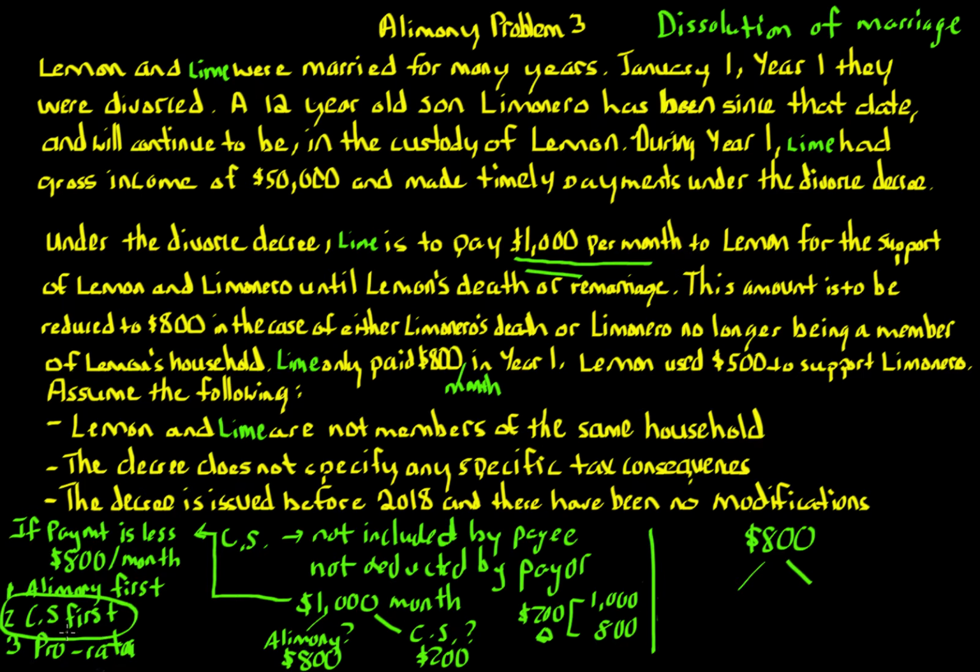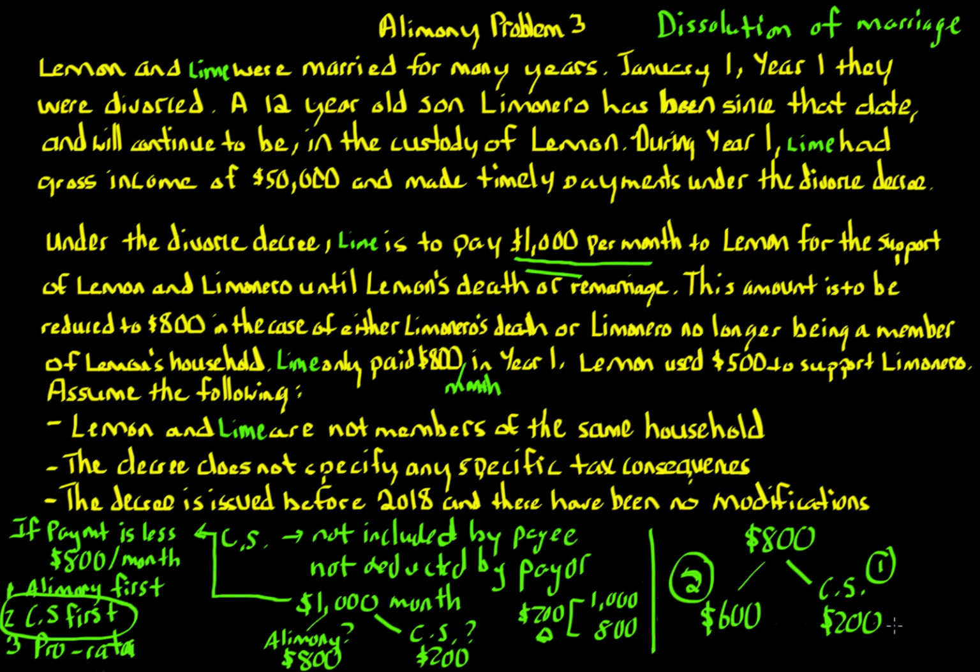Because child support comes first, we first take $200. It's an ordering rule. The first $200 is child support. That's always the case. Next, whatever is left over is alimony. So 800 minus 200 is 600. $600 is considered alimony.